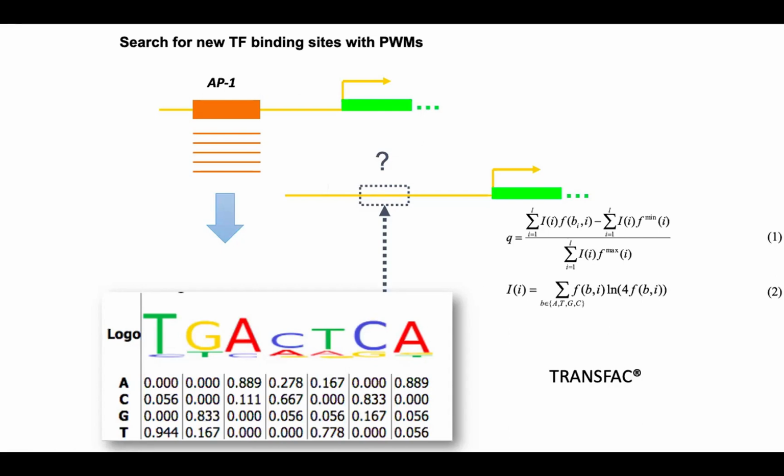We are saying that in this position we observed a score higher than a given threshold, and this might be a binding site for the transcription factor AP1. So we predict that this site can work, but in which conditions we don't know. It actually just gives us the potential that this place could be a binding place for AP1.